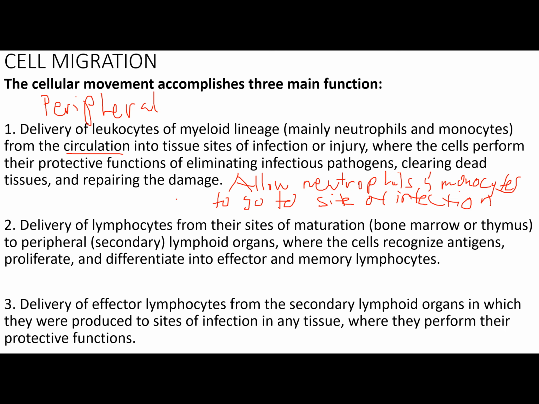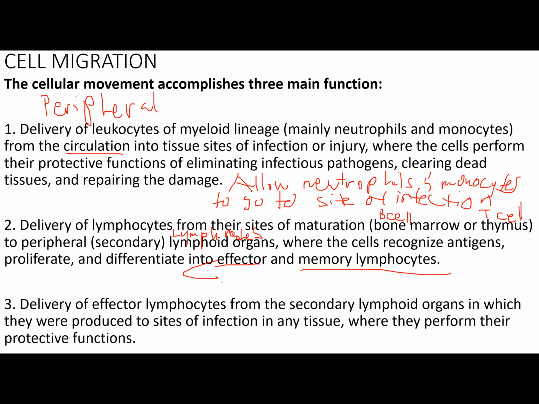Now, the second purpose or the second function of your cell migration is the delivery of lymphocytes from their site of maturation. If it's a B cell, a B lymphocyte, it's from the bone marrow. If it's a T cell or a T lymphocyte, it's from the thymus. To the peripheral or the secondary lymphoid organs, specifically class, the lymph nodes, where the cells would recognize antigen, proliferate, and differentiate into effector and memory lymphocytes.